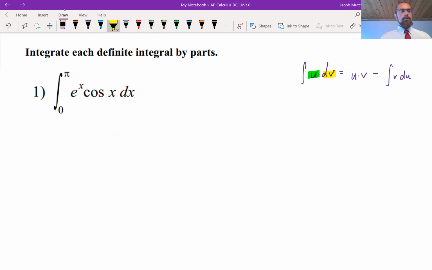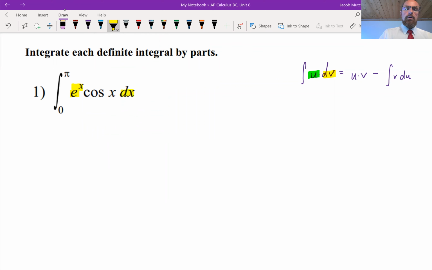And remember, there's a couple of guidelines that would help us to decide which part to assign. Typically, we let dv be the most complicated part of the integrand that fits a basic integration rule. So looking at what I've got here, I'm going to select dv as my e to the power of x.